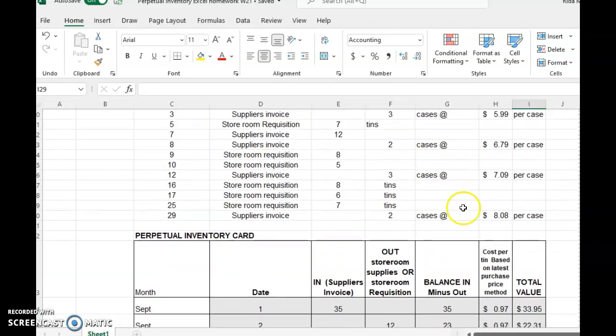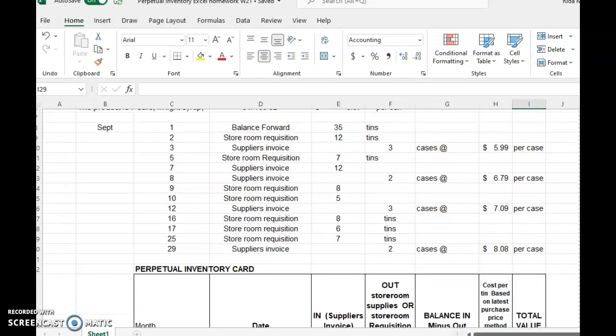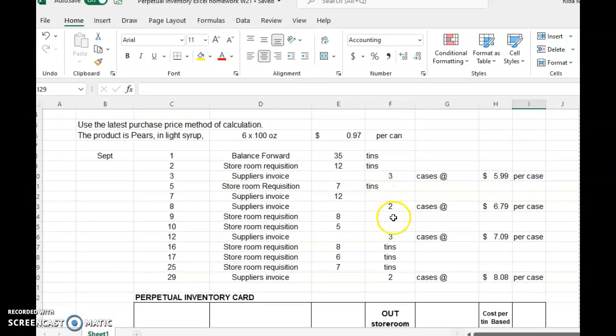now for number 8, it's also invoice and there's 2 cases coming in. So as we did the same thing, we would multiply 2 times 6 to get the amount of cans per case, and that's 12. 2 times 6 is 12.